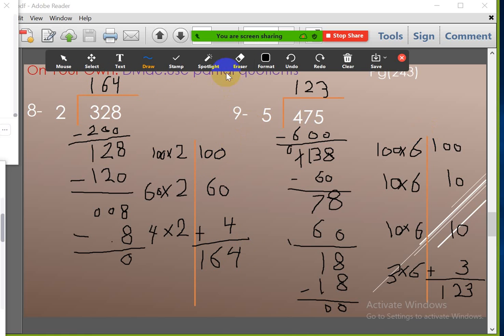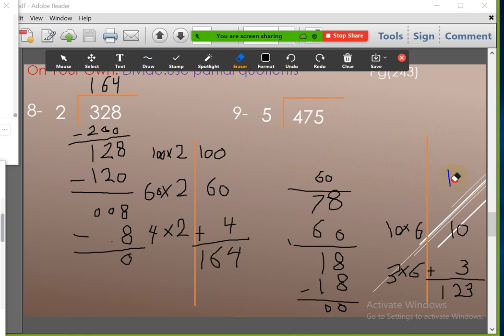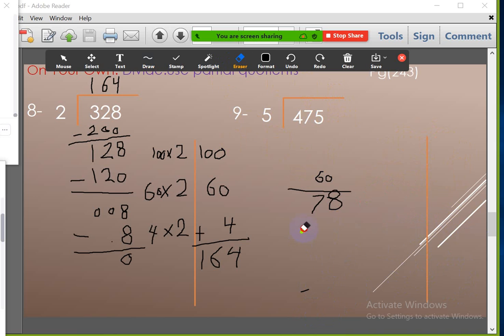Now number 9. I will erase this to solve number 9. Now I want to divide 475 by 5. So I will take the divisor 5 and multiply it with a number.